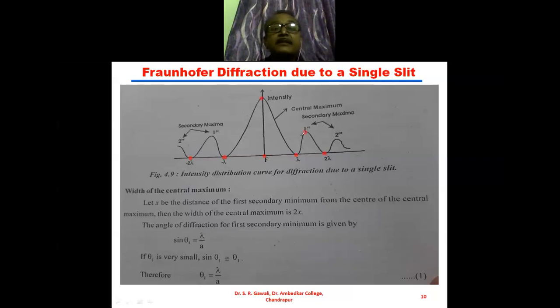This is the first secondary maximum or bright band.